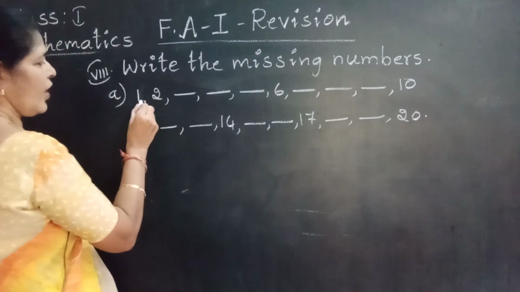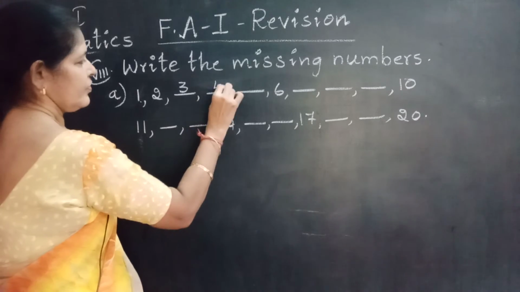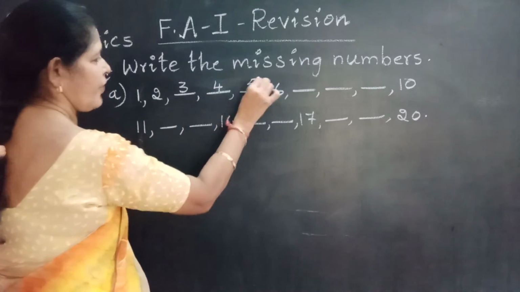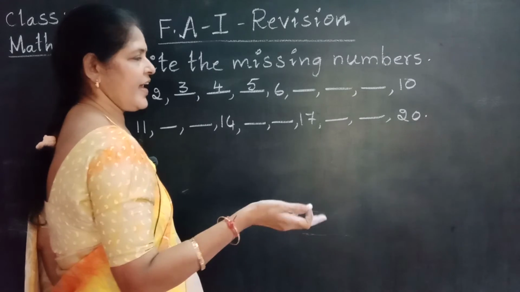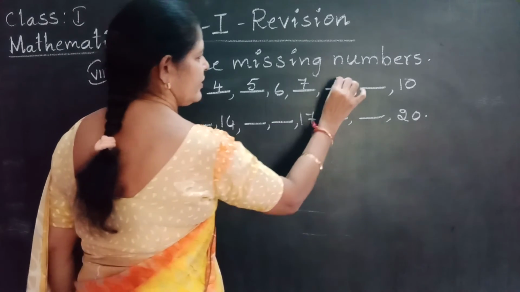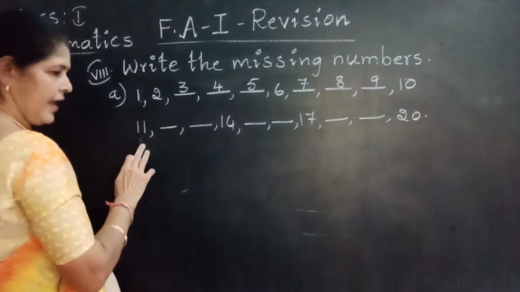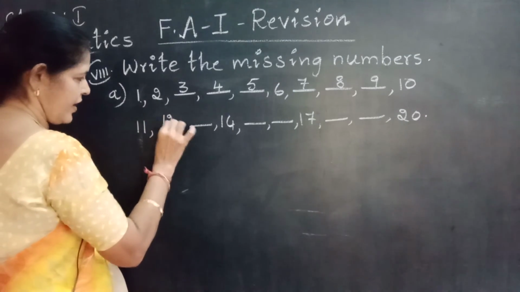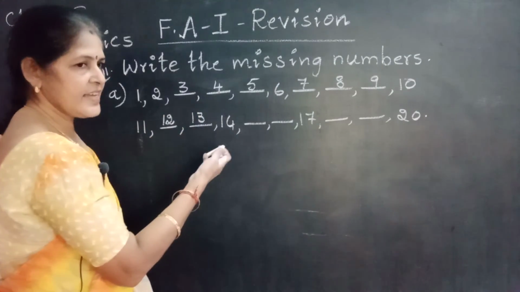See. 1, 2, 3, 4, 5, 6 is given. No need to write 6 again. 7, 8, 9, 10, 11, 12, 13, 14. 14 is given.